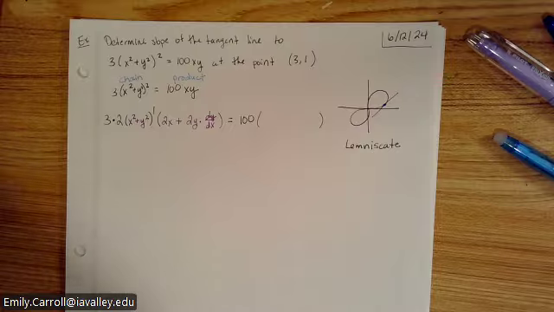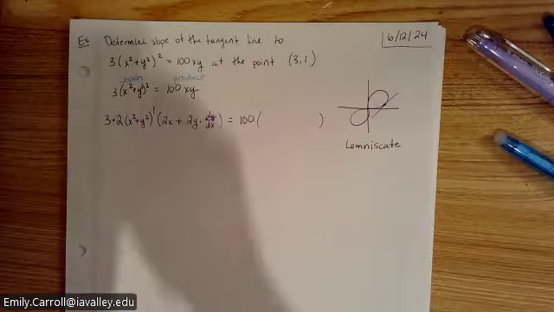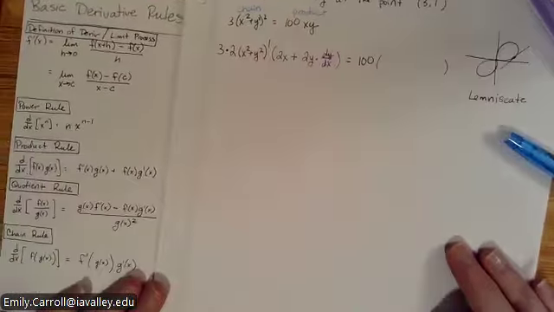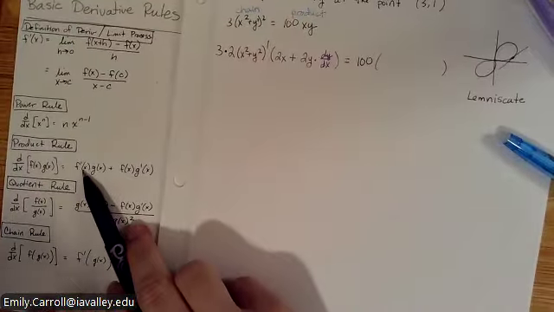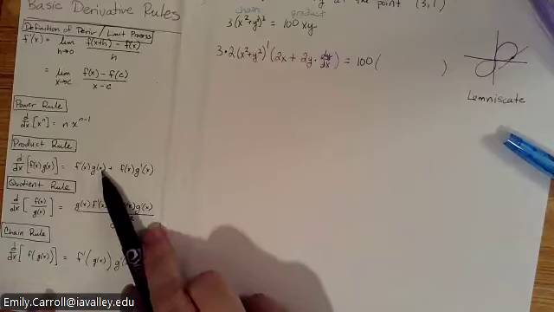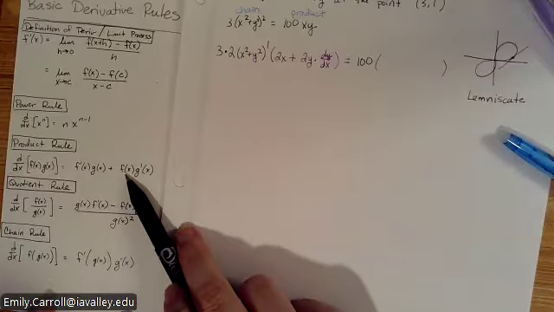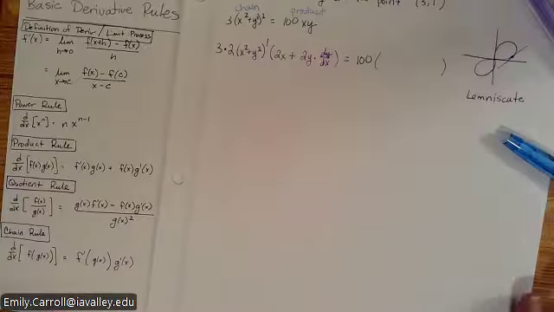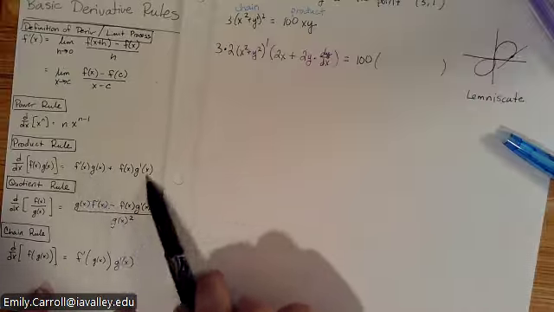Product rule says, put the reference card up here for you. Product rule says derivative of the first, keep the second, plus keep the first, derivative of the second, or any rearrangement of those that you want. You know, we know that addition and multiplication are both commutative, so there's some rearranging that you could do here if it were convenient.